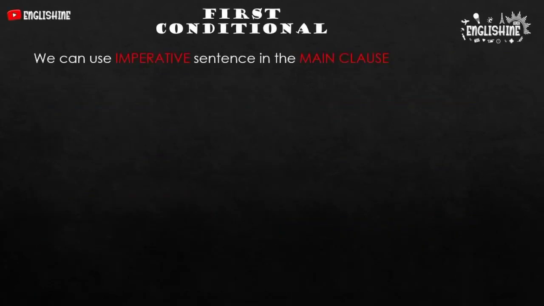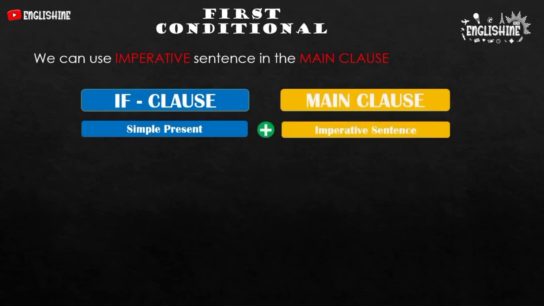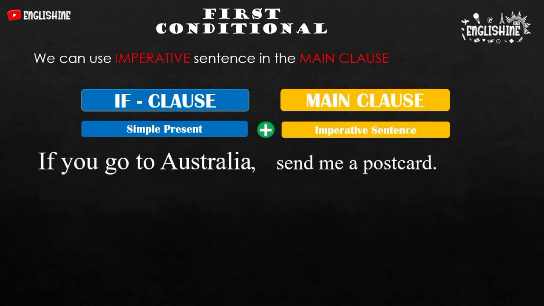We can use an imperative sentence in the main clause. Remember, there are the if clause and the main clause. The if clause is using simple present and the main clause is using simple future. But this time we change into an imperative sentence. Here are the examples. If you go to Australia, send me a postcard.